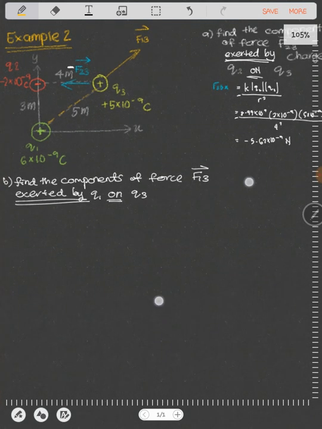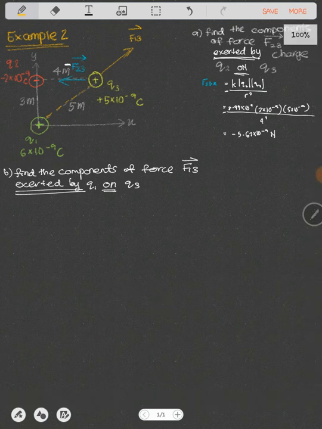Okay, so again, look at the question. They ask you to find the components one by one, so find the x components and also the y components.